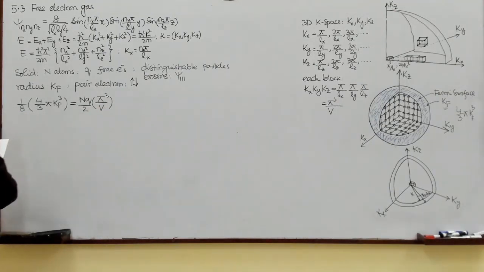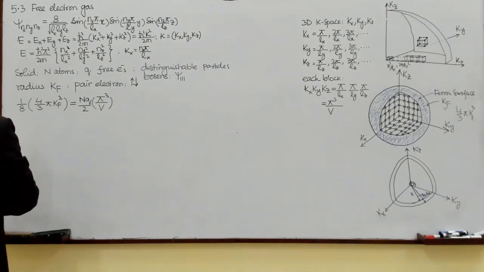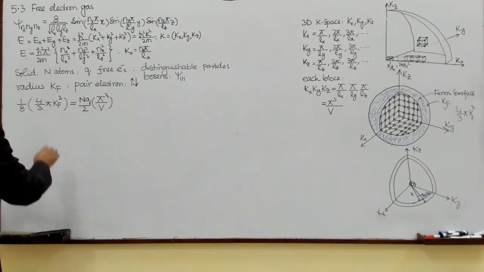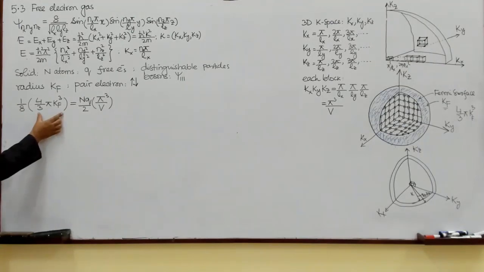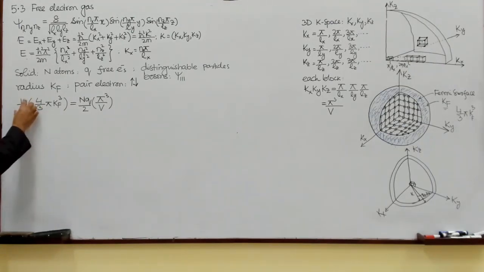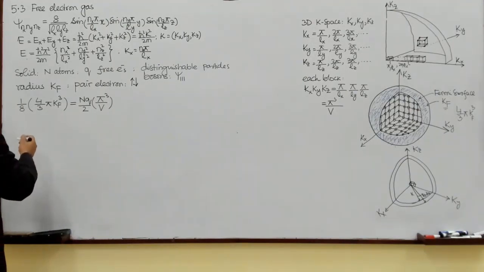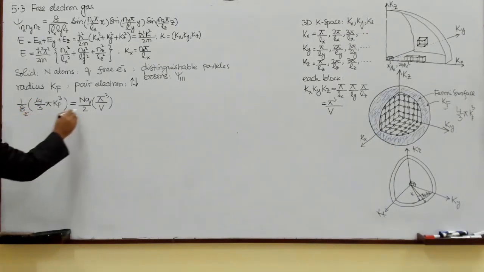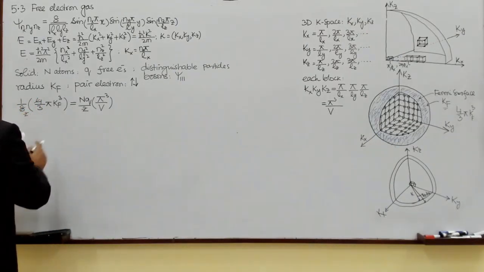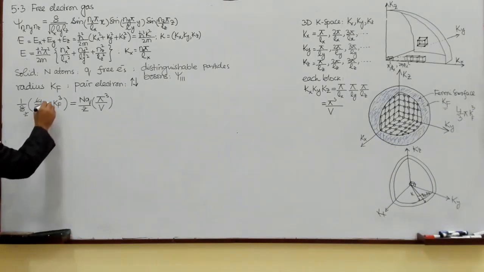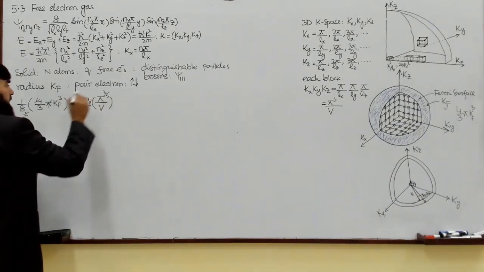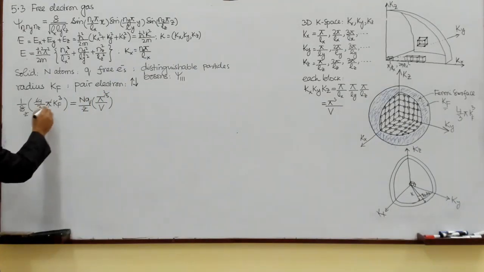So now I will have to simplify this. On one side is the total volume, and on the other is the volume which each block is occupying. So 4 and 2 here, and 2 cancels with this 2, and pi goes with this one and it becomes pi square.